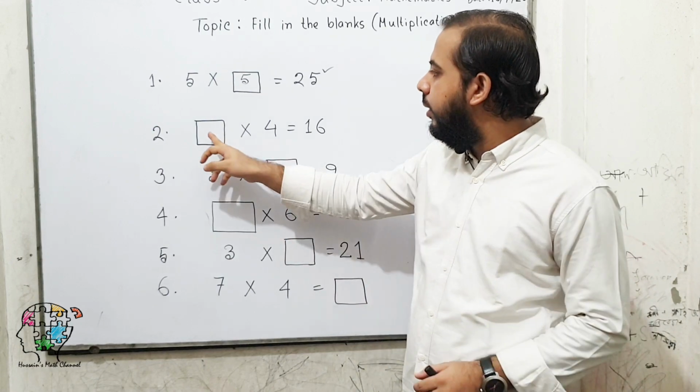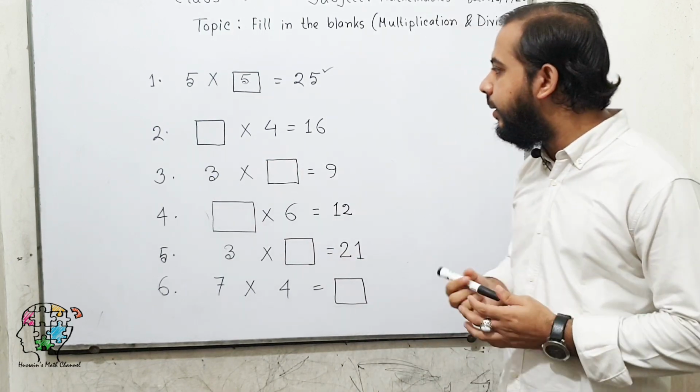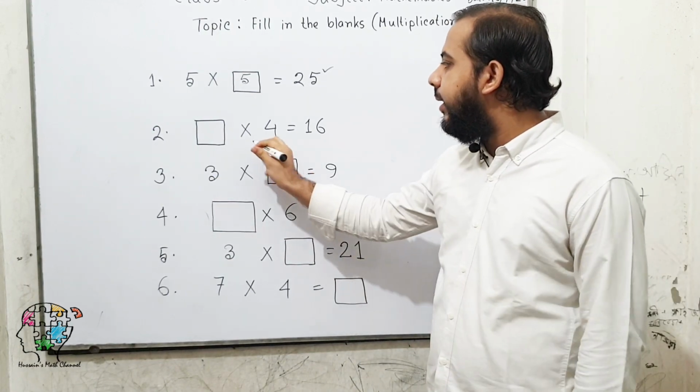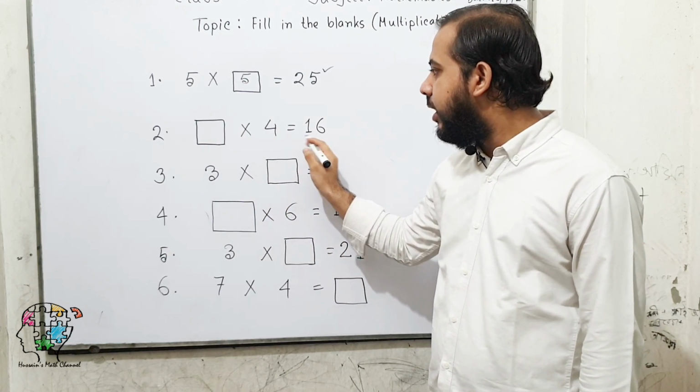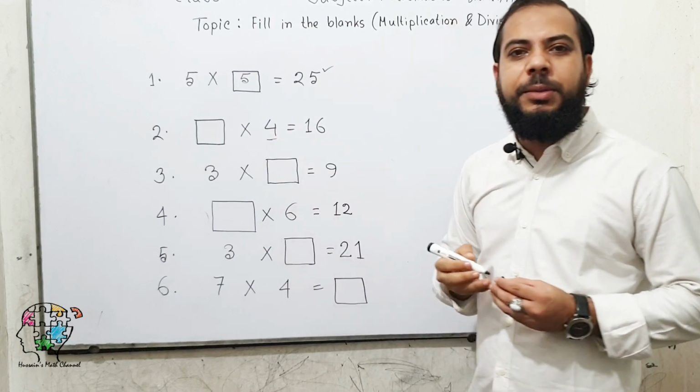Question number 2. Here you can see blank multiply 4 is 16. So we need to recite the multiplication table of 4.